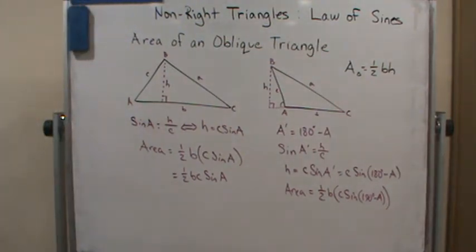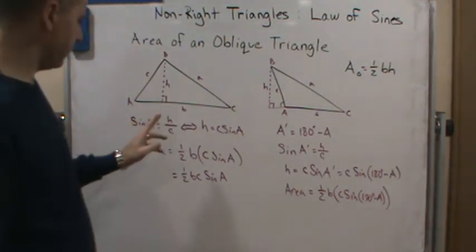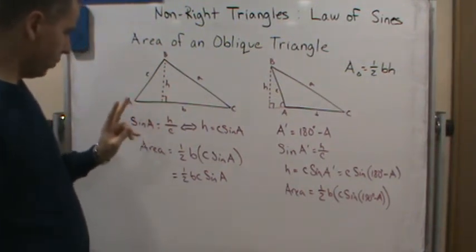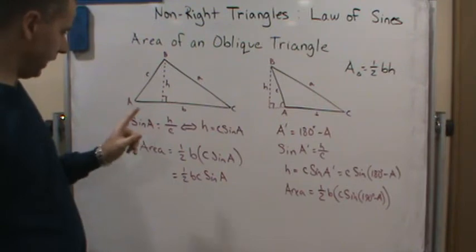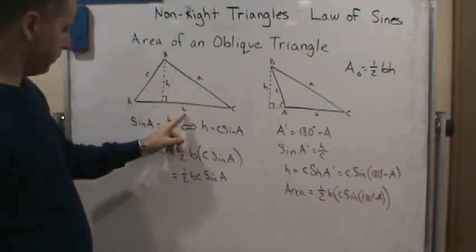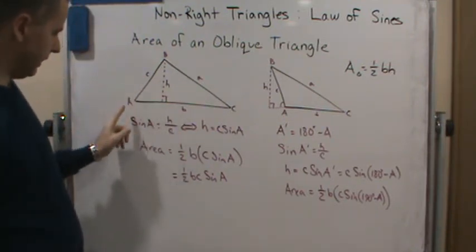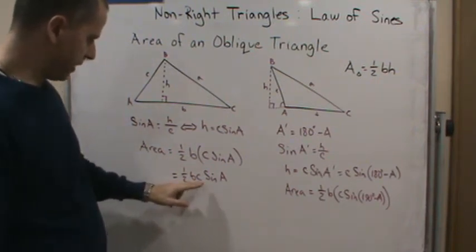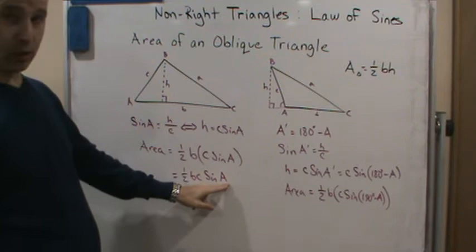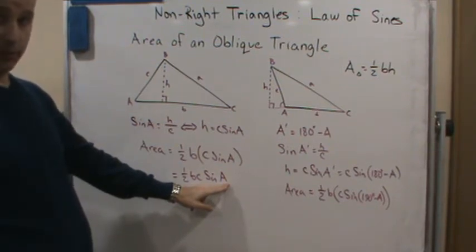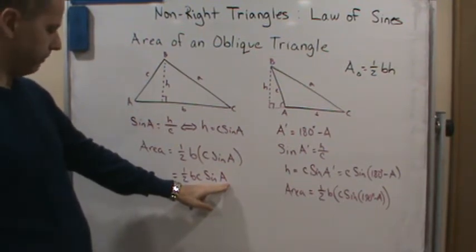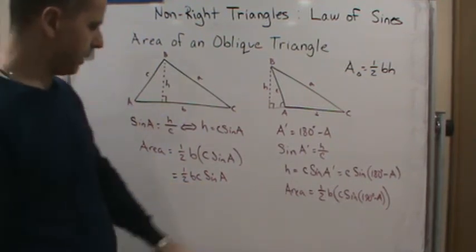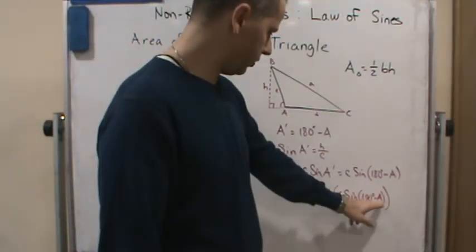So now, notice also this is two sides with the included angle. Okay, so you know this side, and the angle between them. So notice it takes the two sides of the triangle and the angle between them to find the area. Okay, so in this case it's these two, same thing, B and C, and it includes the angle between them.